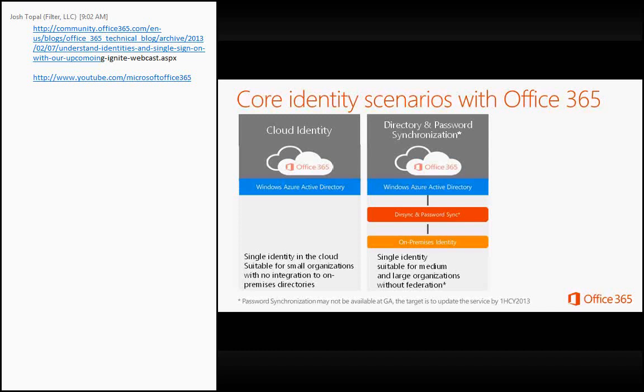Now, a couple of points to note: the password sync will apply at the tenant level, so once that's enabled it'll apply to all users that are within that directory sync scope, and we'll talk about the different options around directory sync scoping later on in this presentation.